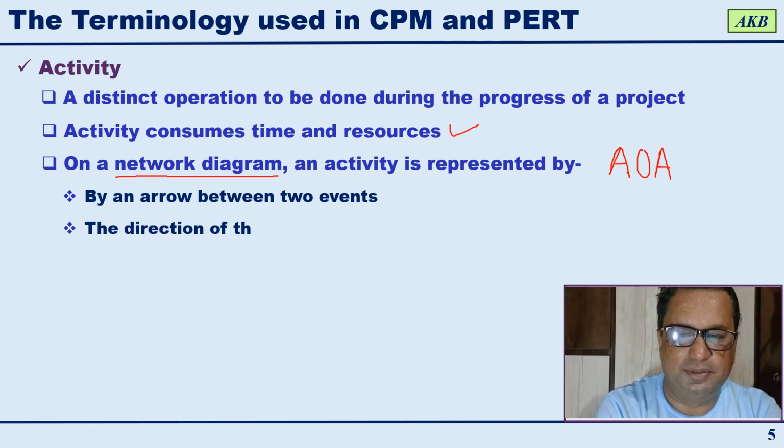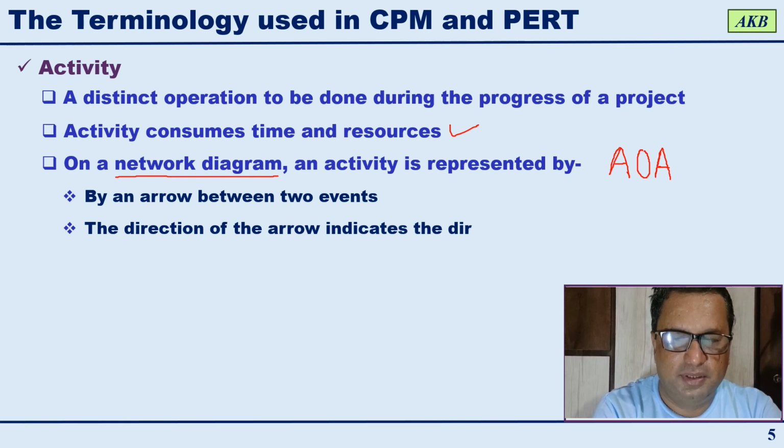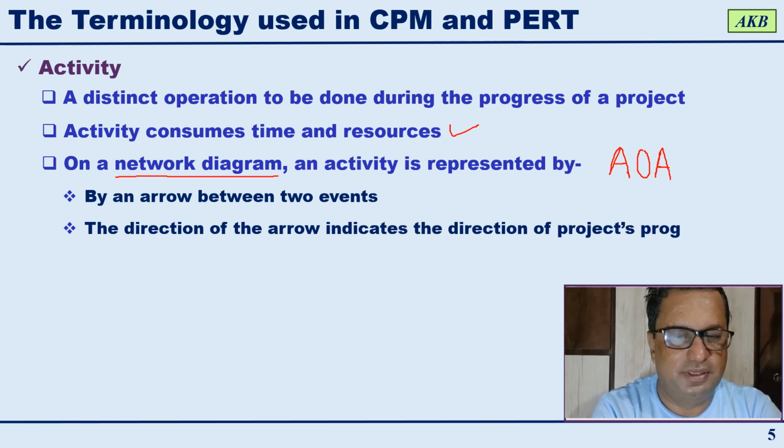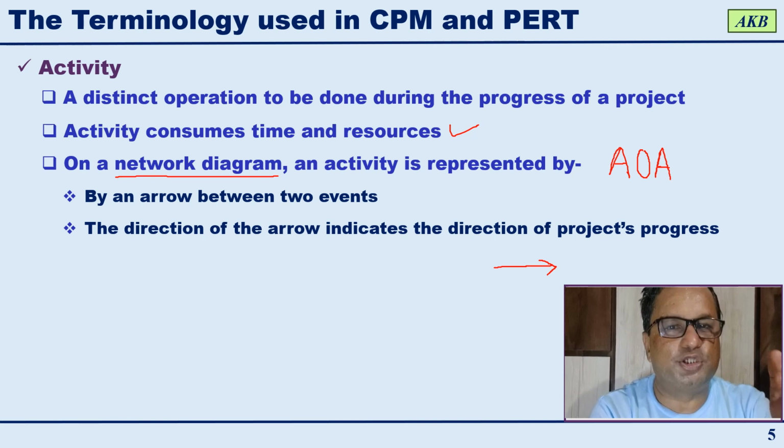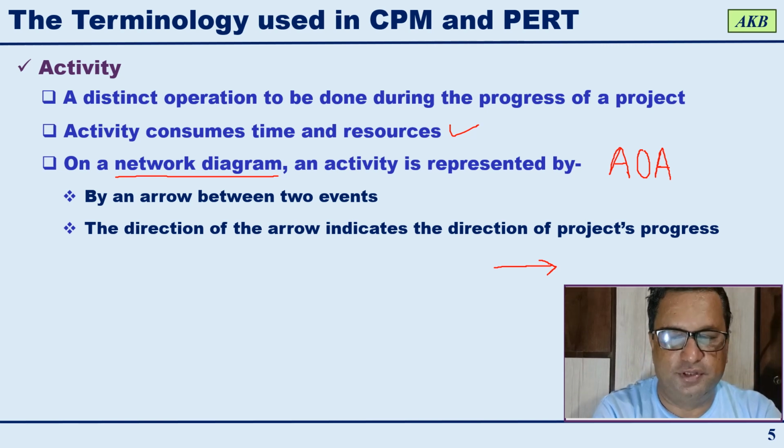We'll discuss the example after some time. The direction of the arrow that we are going to use for representing an activity indicates the direction of the project's progress. So if this arrow is representing an activity, the direction of this arrow will show the direction of progress of the project.